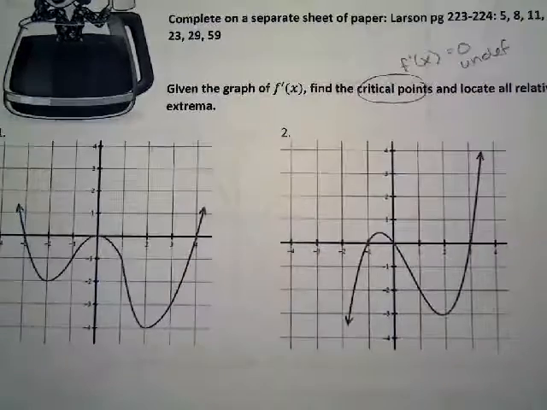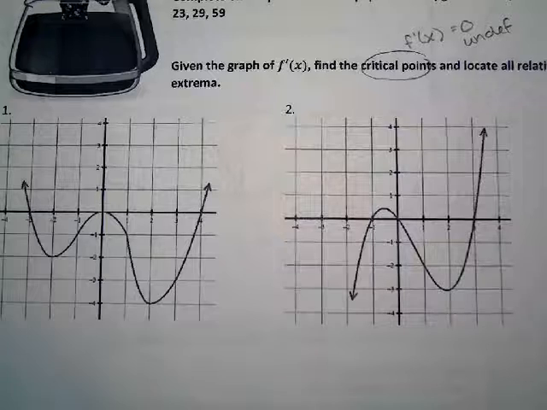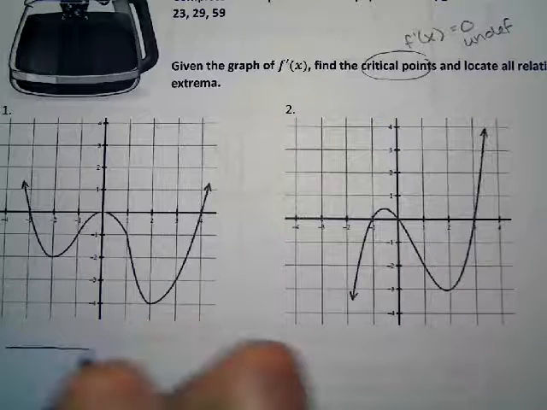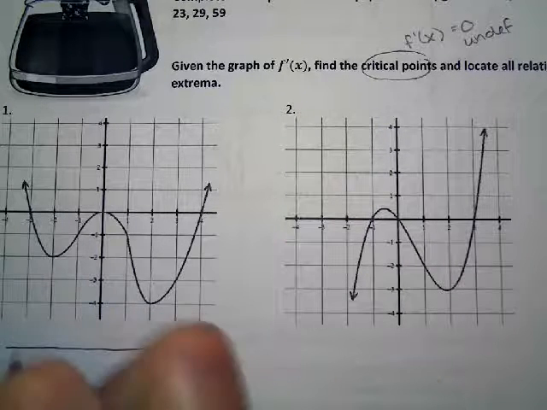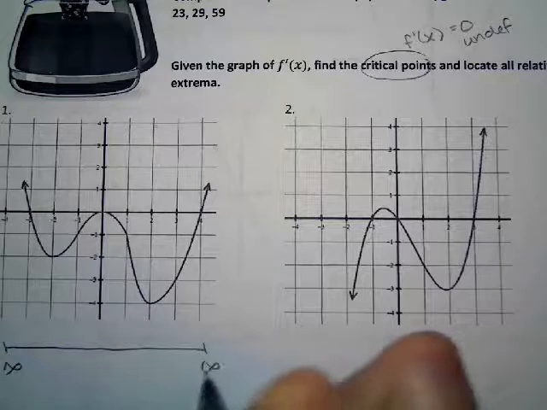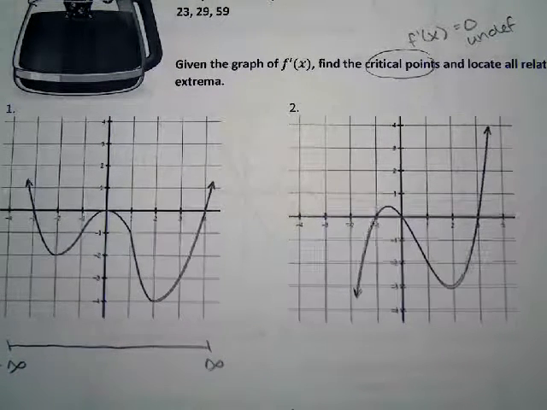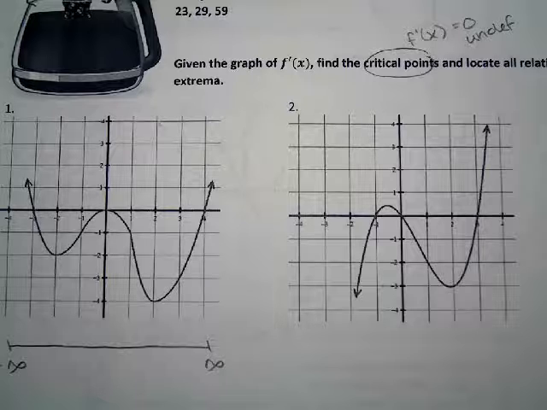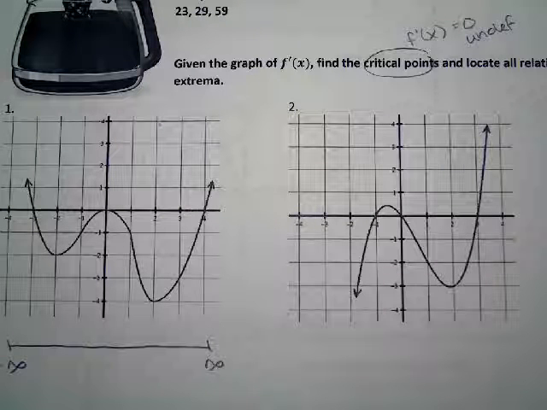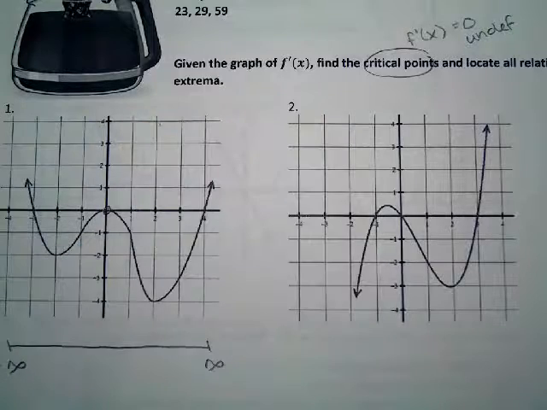Okay, so if we were to go through and make a sign chart based on this graph, we have negative infinity, we have positive infinity. Where does the derivative equal 0? At 0. Where else does it equal 0?